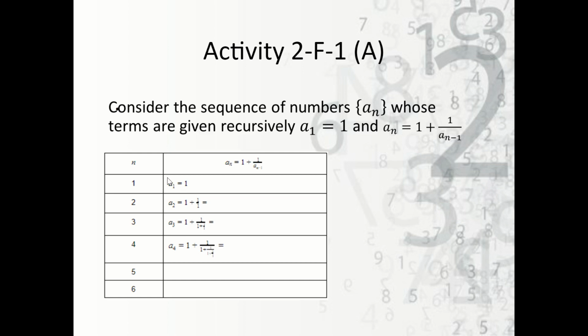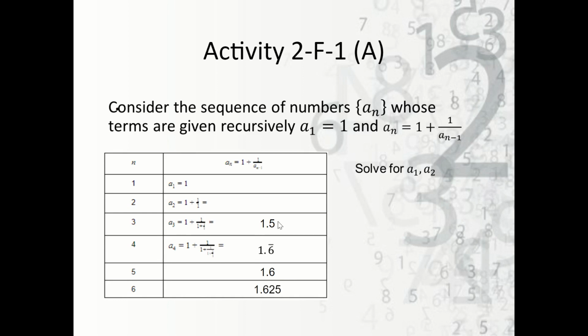Well, it follows this pattern here, and this becomes pretty complicated as you go through it. But if you solve these, we should notice that a3 is 1.5, a4 is 1.6 repeating, a5 is 1.6, and a6 is 1.625.